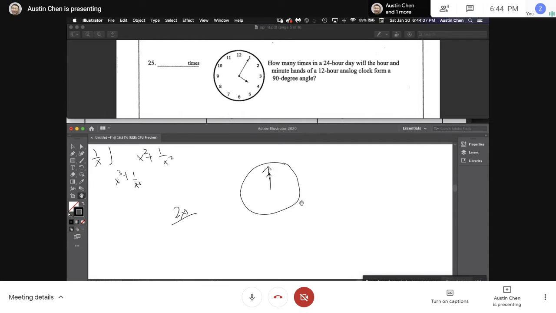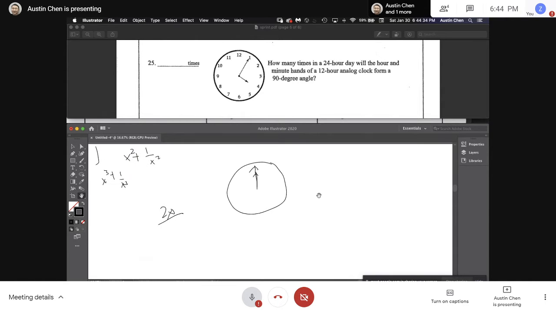You just want to think of how the clock hands interact with each other. Yeah, it's much easier to think of it like that. Or it's not that easy, but easier. Okay. So we're going to think about all the times where they make right angles to each other.